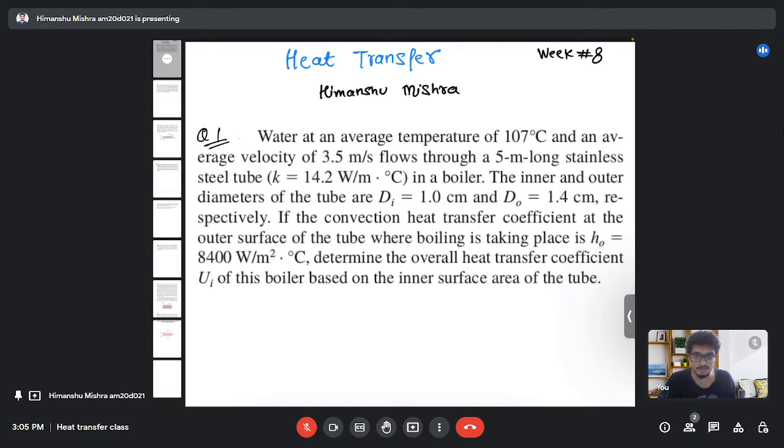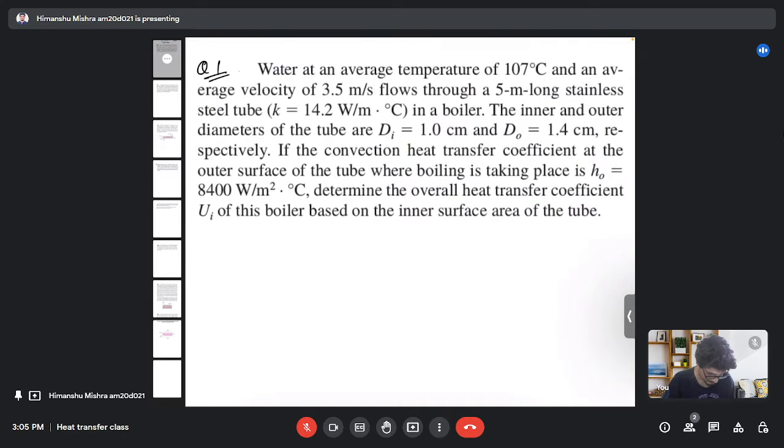So we have been given a steel tube basically.